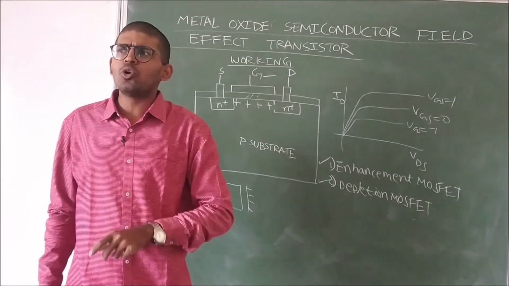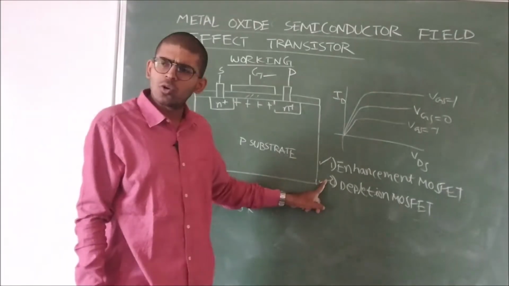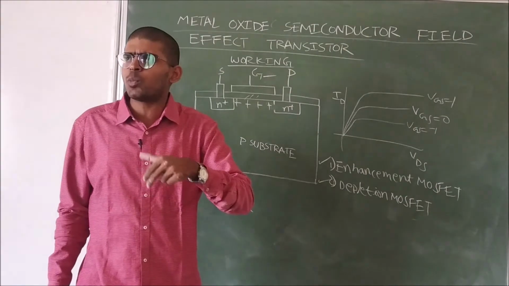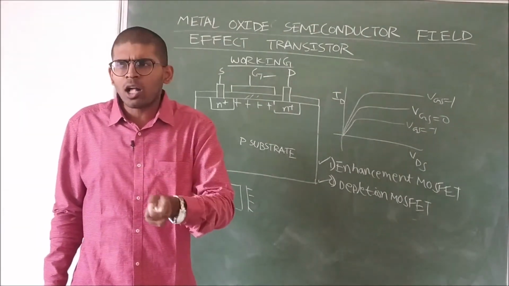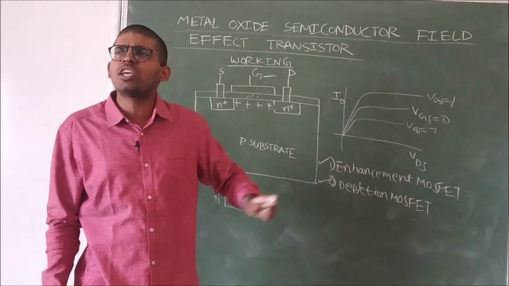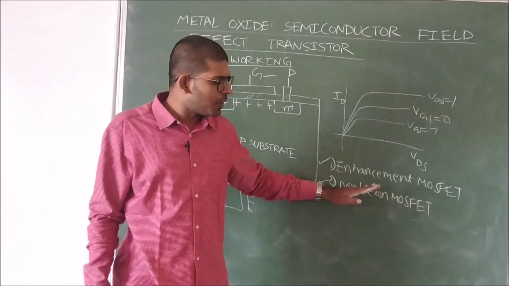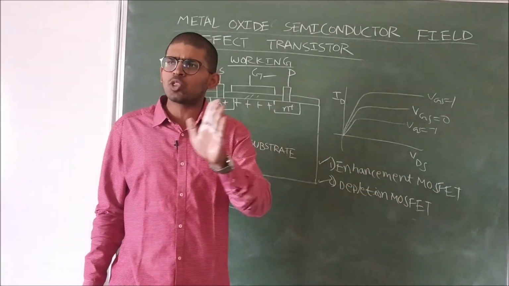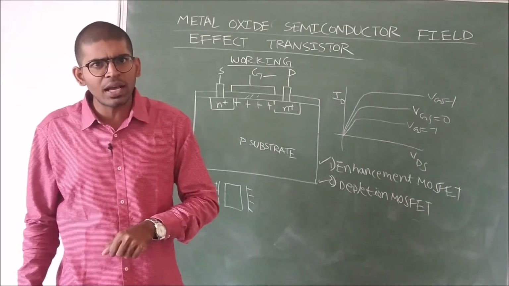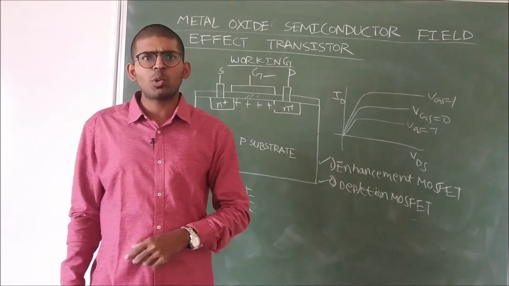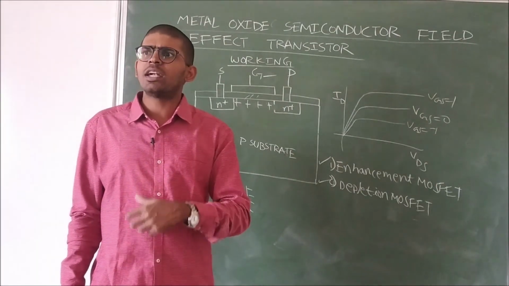So in order to make the depletion MOSFET more popular, they also included the action of the enhancement mode in the depletion MOSFET. So the depletion MOSFET can work in both modes, depletion mode and enhancement mode. That we will discuss when we discuss the enhancement MOSFET and depletion MOSFET.